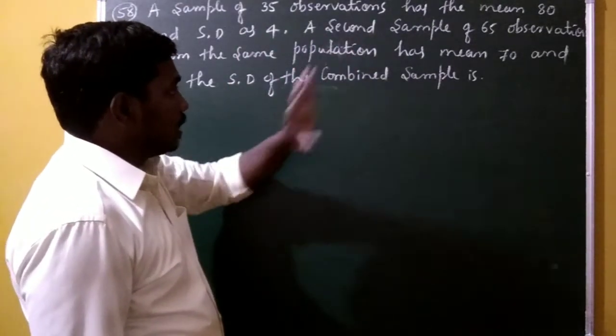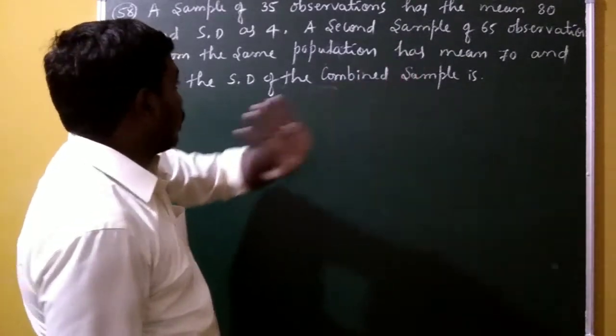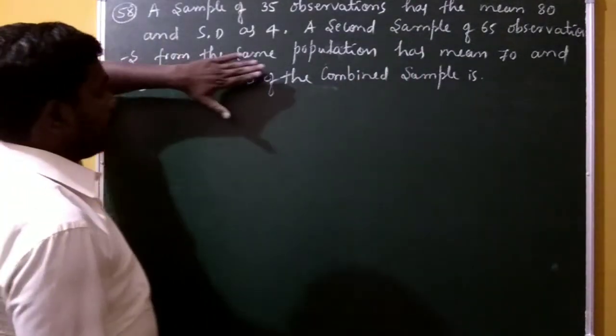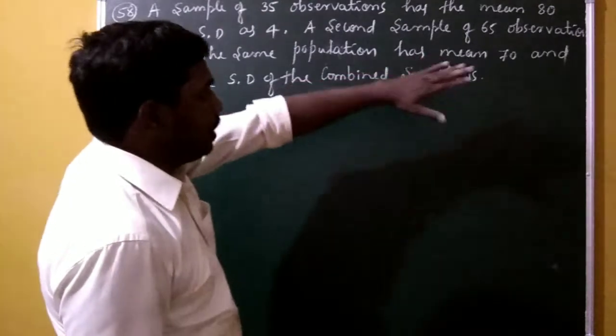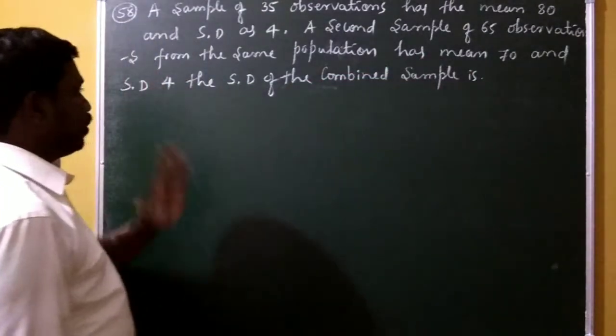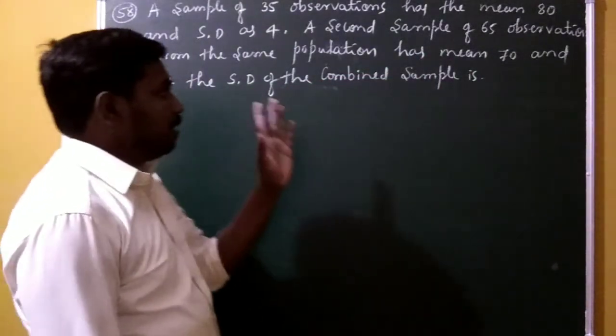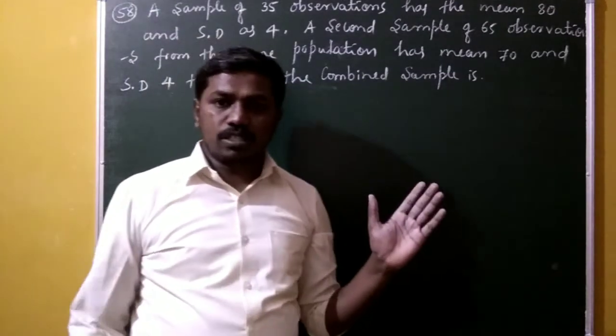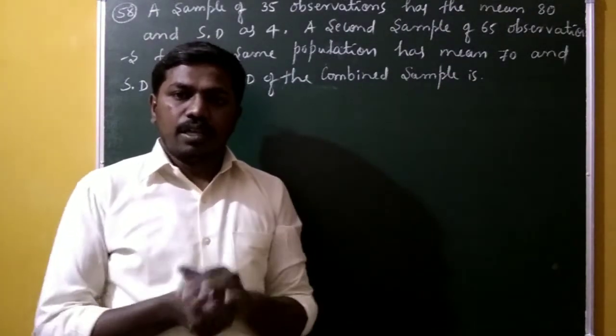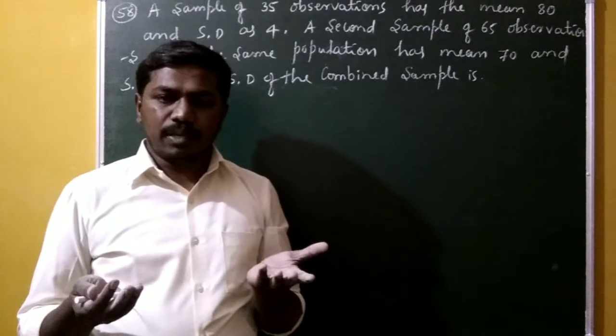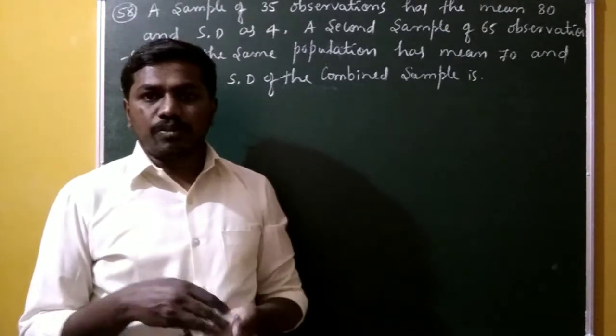The second sample of 65 observations from the same population has mean 70 and standard deviation 4. We need the standard deviation of the combined sample. Suppose we mix the two samples, we get a new sample. So we need the combined mean.